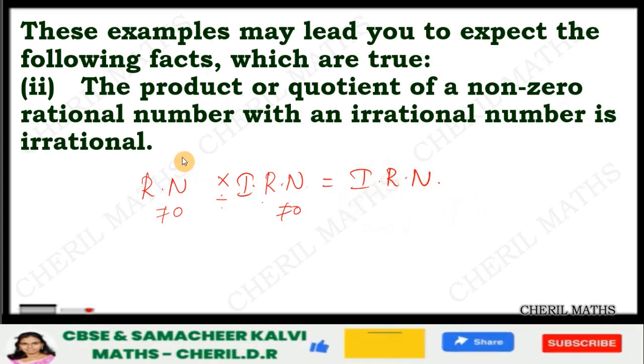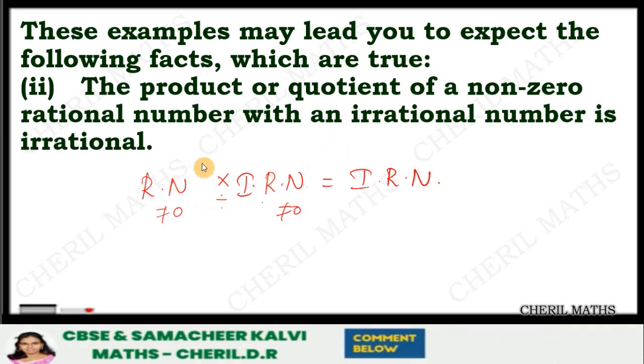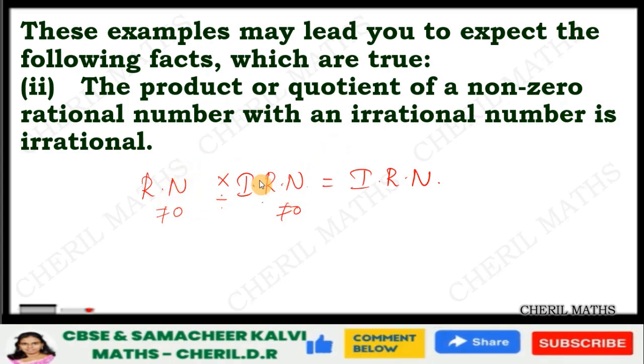Is it clear, children? So the first one we saw was that the sum or the difference between a rational and an irrational is irrational. Now the second one is that the product or the quotient of a rational number with an irrational number is going to be an irrational number.